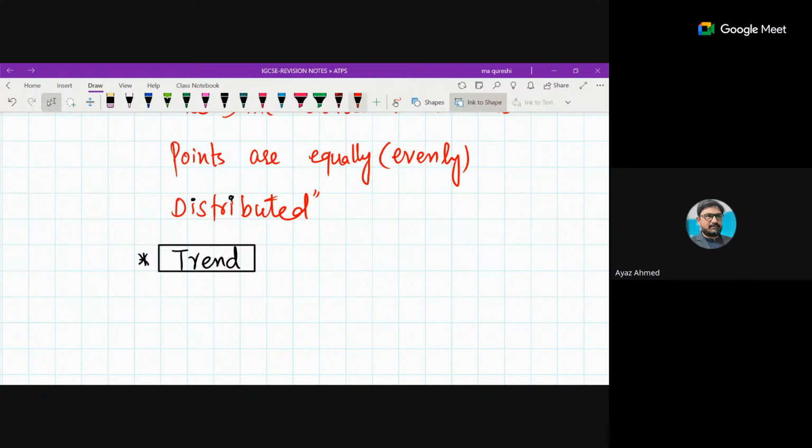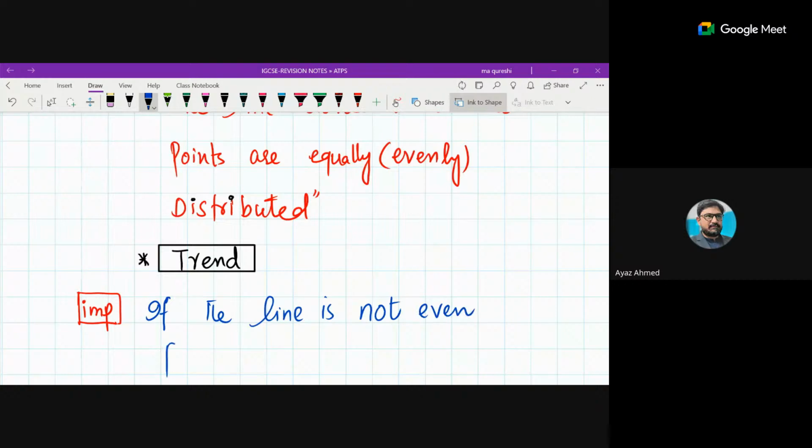The most important thing, जिस पे आपका बच्चे सारे इसमें कंफ्यूज होते हैं कि सर एक भी पॉइंट से नहीं पास हो रही ना लाइन. So what? No issue at all. If the line is not even passing through a single point, again it is a best fit.